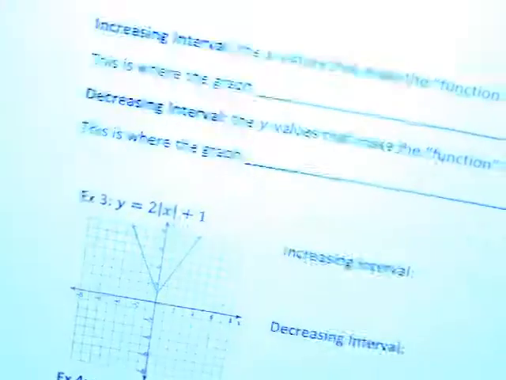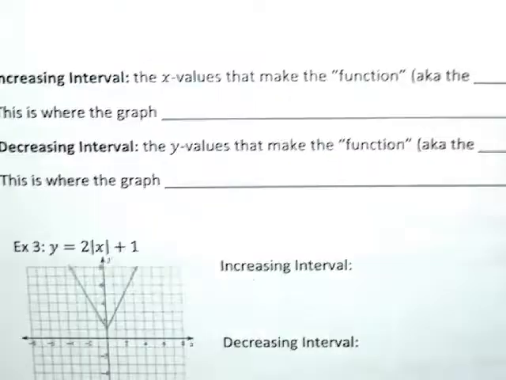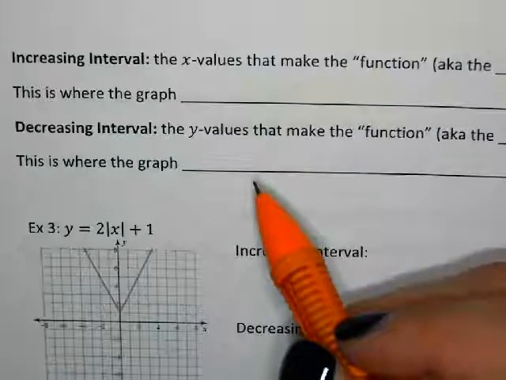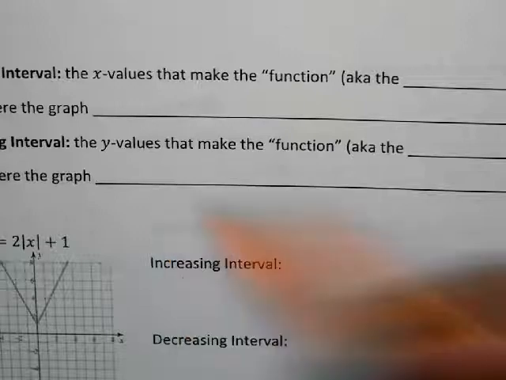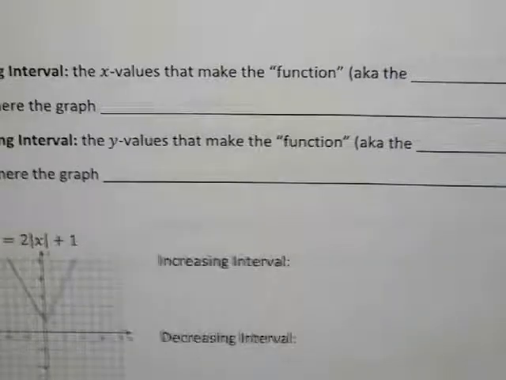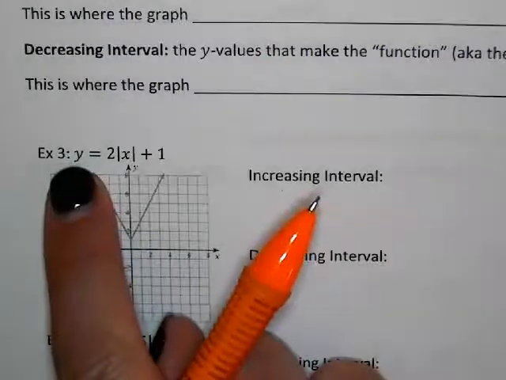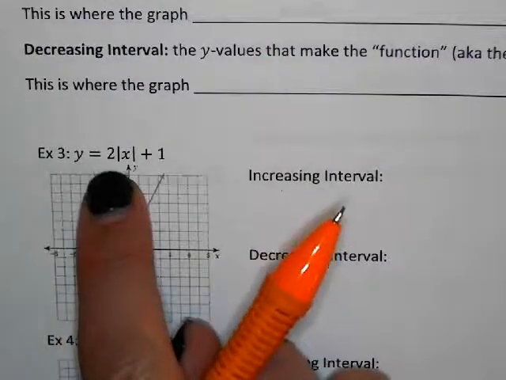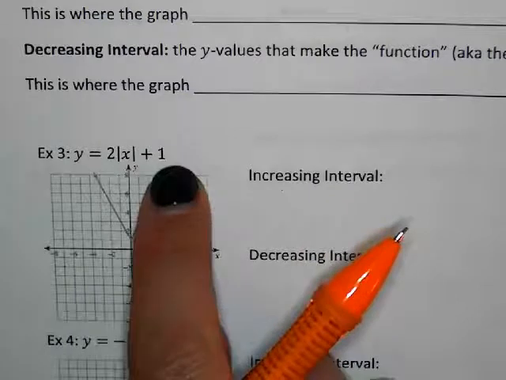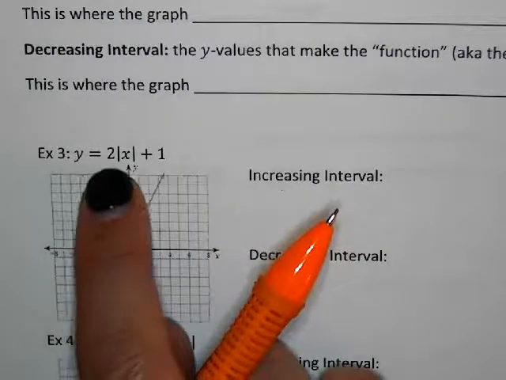We have the increasing and decreasing interval. So the increasing interval are the x values that make the function... Now, if you think about the function, actually, I'll look right here. Here we could read this as the absolute value function is 2 times the absolute value of x plus 1. Or we could just say y equals 2 times the absolute value of x plus 1.